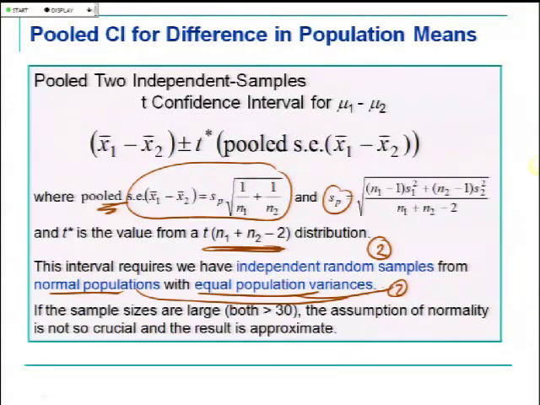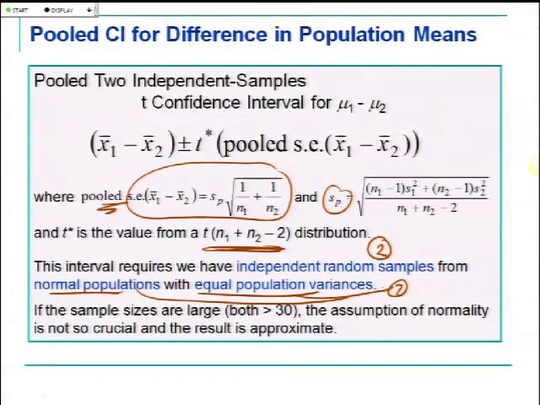What do I assume? The responses in each of those populations individually each has a normal model, but the variabilities are the same. I have a lot of students saying in this condition when they write it out on the exam, equal variance. What's the missing word that has to be there? Population. You're assuming the populations have equal variance.